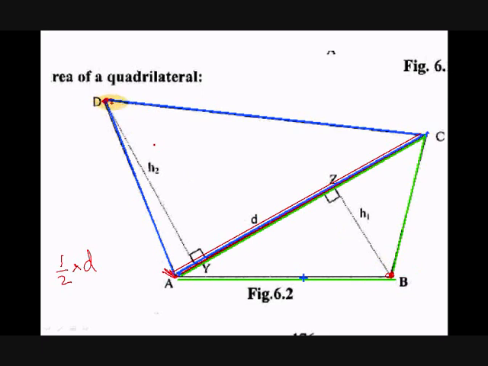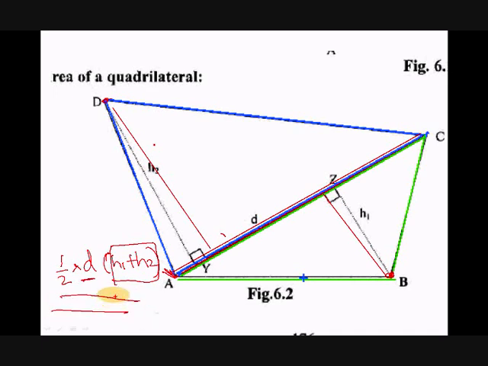The sum of the lengths or heights drawn from the vertices is H1 plus H2. So the product of the diagonal and the sum of the lengths drawn from the vertices. This is the area of a quadrilateral.